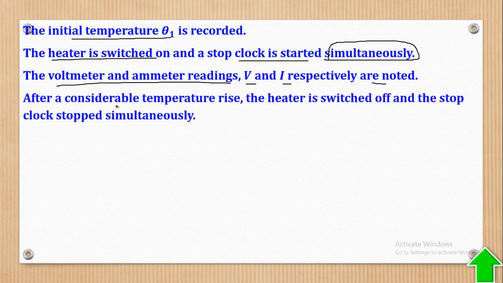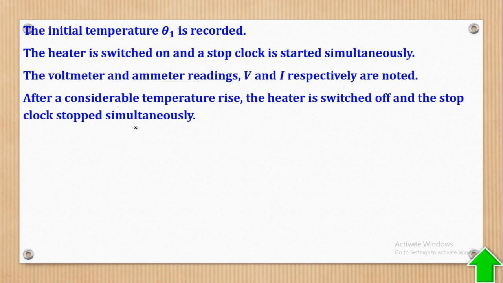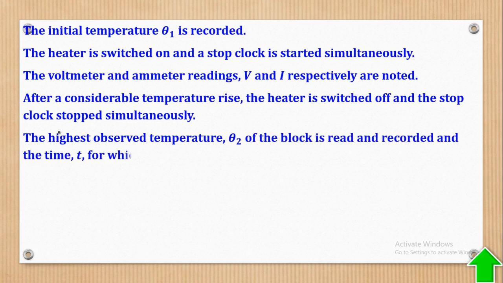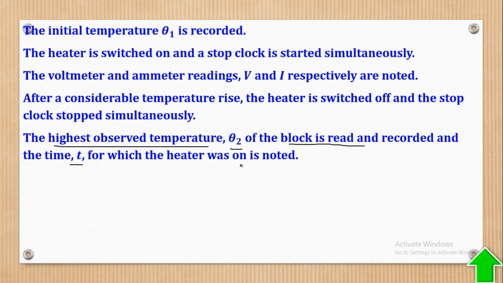After a considerable temperature rise, the heater is switched off and the stop clock stopped simultaneously. The highest observed temperature θ2 of the block is read and recorded, and the time t for which the heater was on is noted.